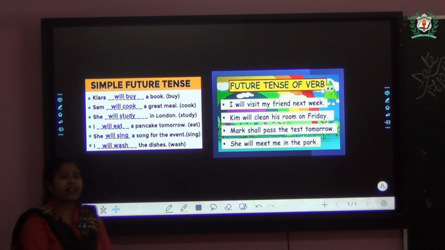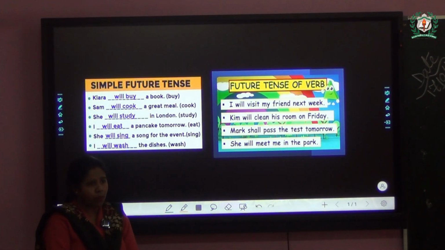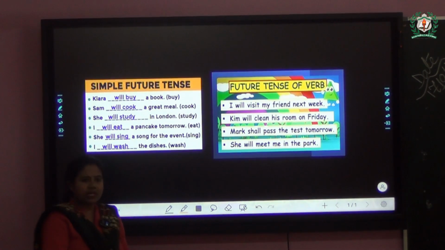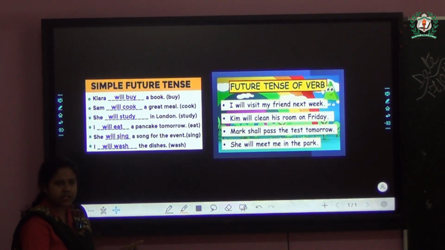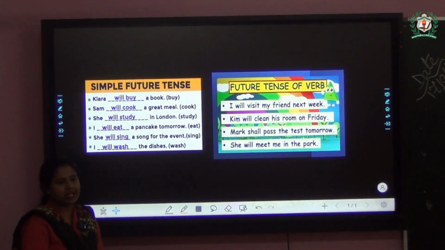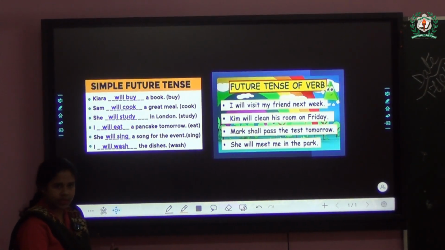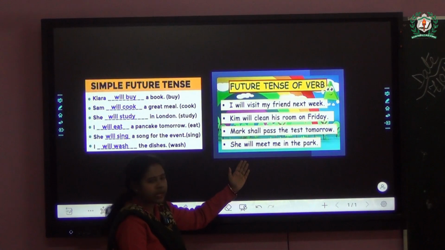So for I and we, we can add both, like I shall, I will, we shall, we will. But there are some special cases where we have to write will. Otherwise, shall is mainly used for I and we. Okay, so here are a few more examples.